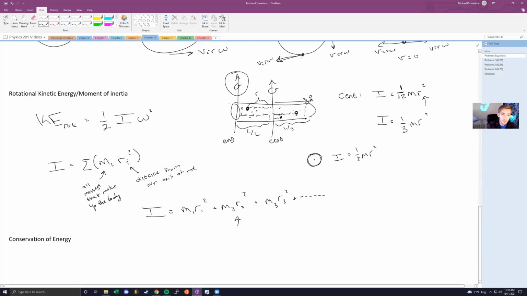But one little note I do want to make is, let's say our axis of rotation was right through the center and we're rotating along the long end. How would we treat this? We would treat it like a disk. The reason for that being, for a disk, our axis of rotation is right in that center, and we're rotating around it.